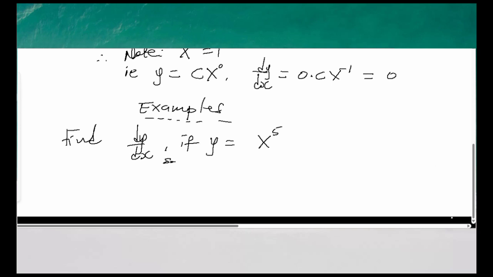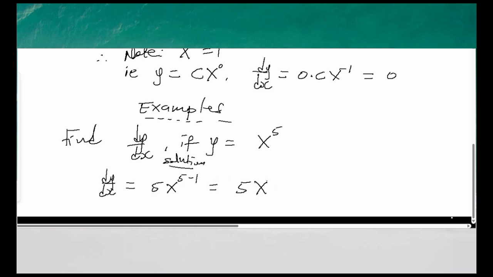Solution. dy/dx is going to be 5, you multiply the whole of this by 5, x, then 5 minus 1. And this will be equal to 5x.